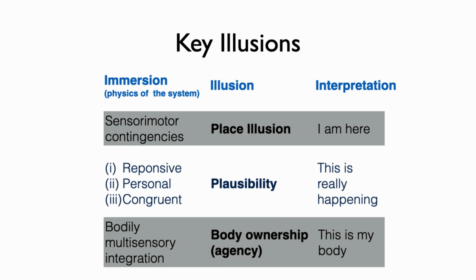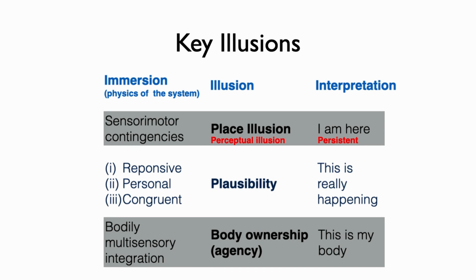The third illusion is a body ownership illusion. This is the illusion that when you look down and you see a virtual body substituting your own, you have the illusion that it's your body. And this is based on appropriate multisensory integration, as we'll speak about in a few minutes.